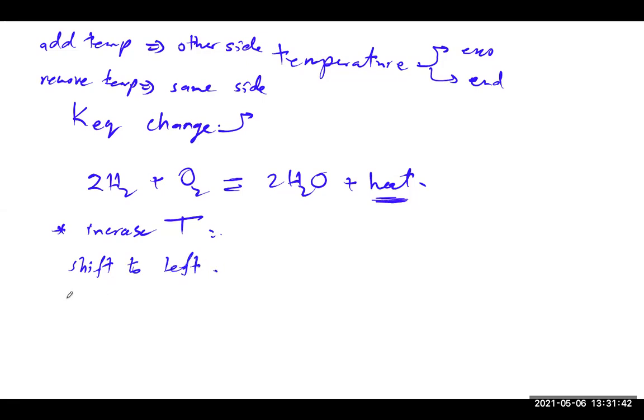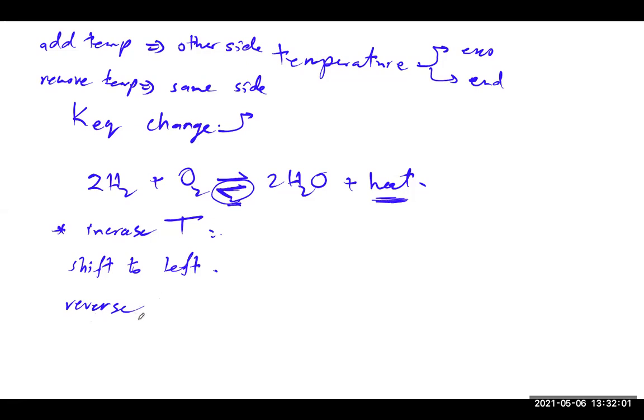How to shift to the left? Which direction will reach the left side? The reverse. So the rate of the reverse reaction should increase.